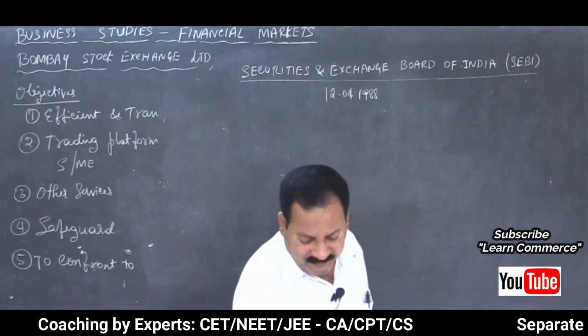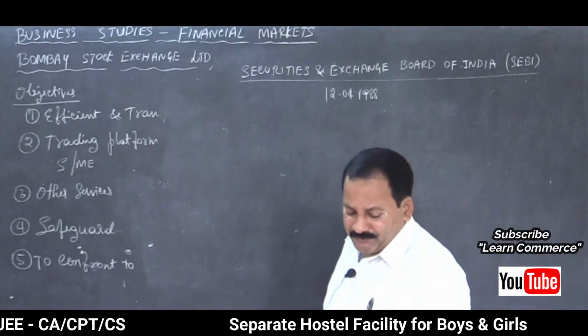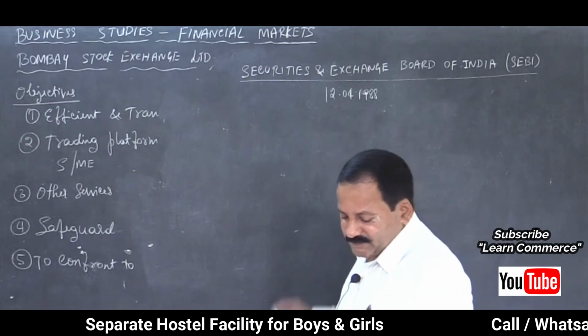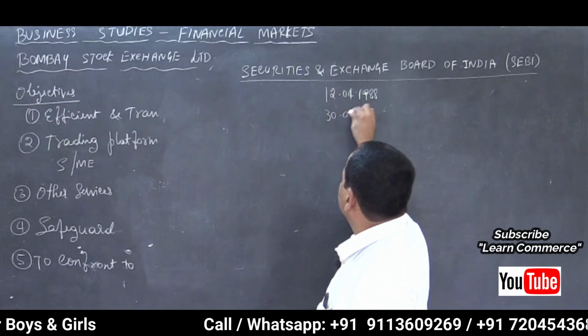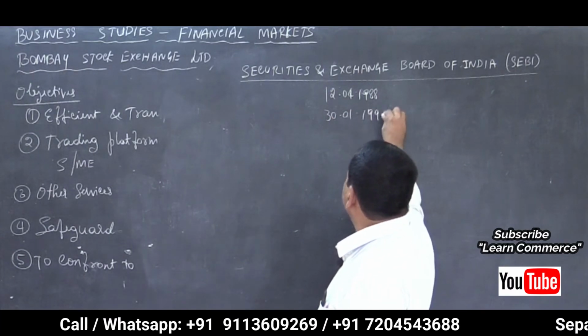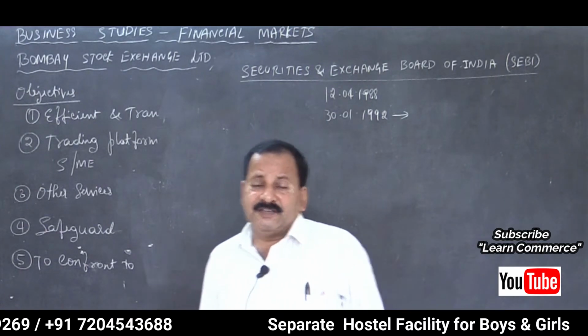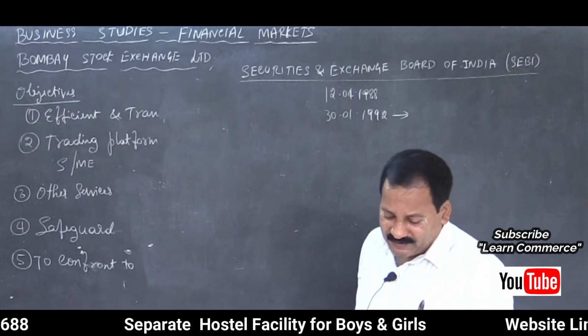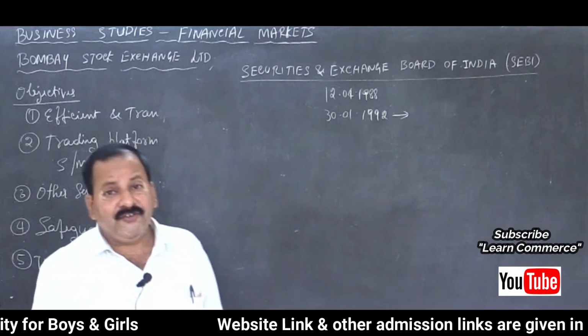Then it was given a legal status, that is statutory status, on 30th January 1992. That is, the SEBI Act was passed. The Securities and Exchange Board Act was passed in Parliament, isn't it? It is like a statutory corporation.